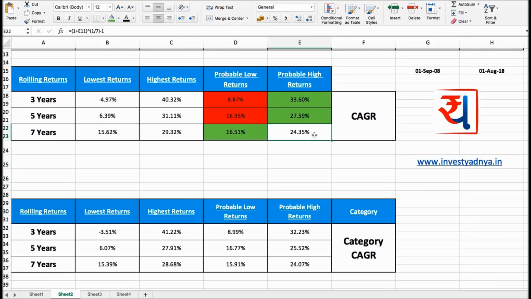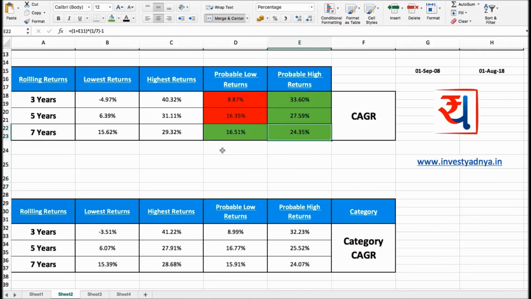And the last, probable high returns for 7 years, L&T Midcap Fund could give 24.35%, vis-a-vis the category average can give 24.07%. So here also L&T Midcap can outperform the category average by close to 0.2 to 0.25%, not much margin. So frankly speaking, compared to category average, L&T Midcap Fund is not scoring that high.